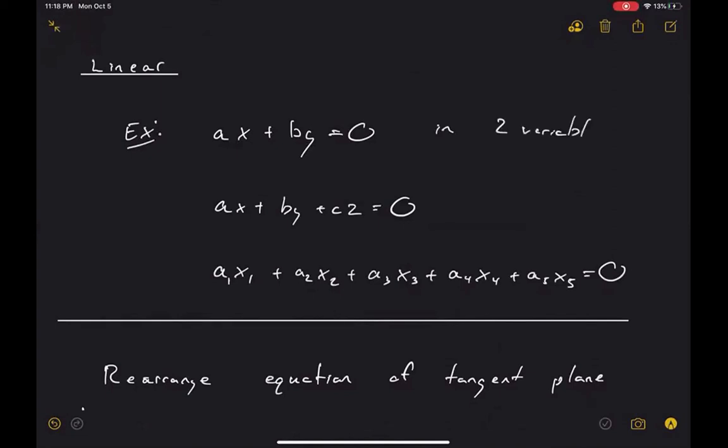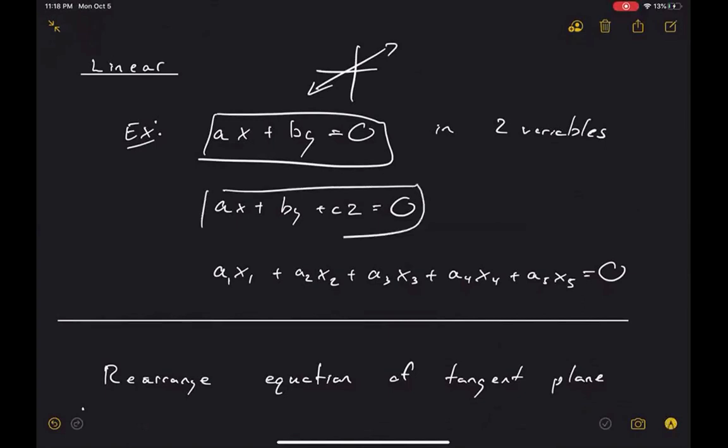And if I'm working in R2, this is just the equation of a line. So a linear equation gives me a line in R2. What about in R3? Well, this is still a linear equation, right? I have my three variables, x, y, and z, and I'm just multiplying them by constants, a, b, and c.